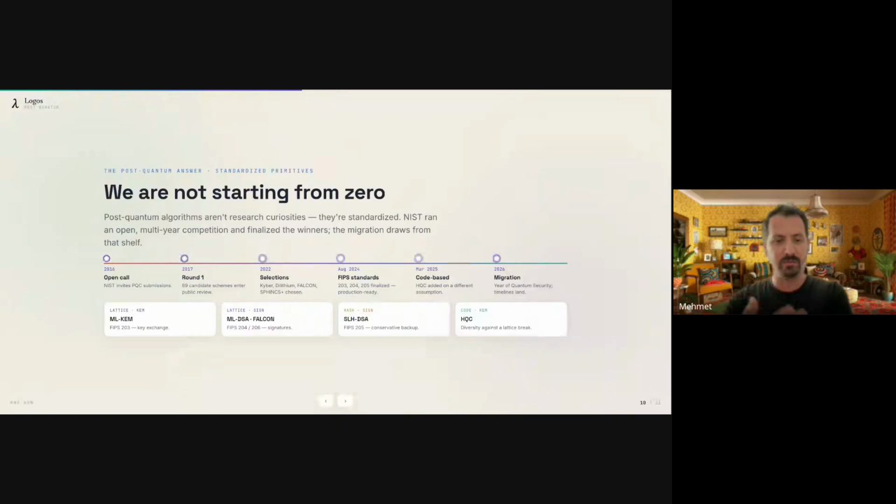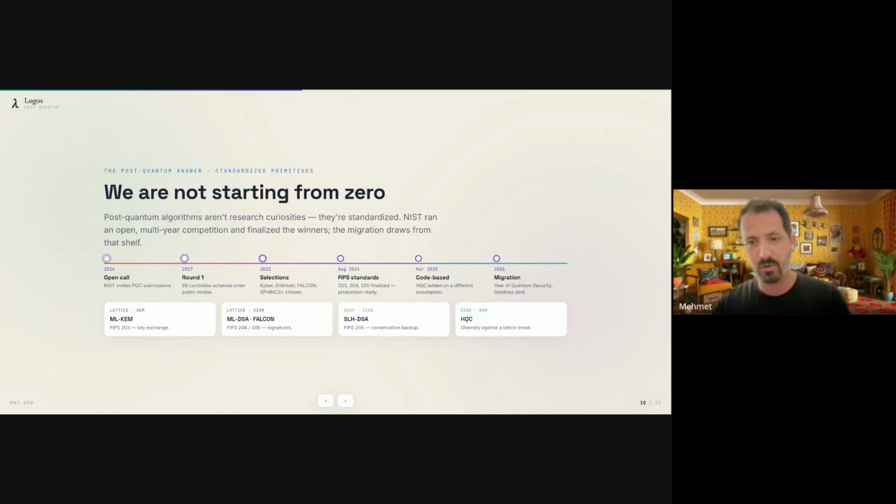We have some standardized algorithms, and these are a new type of algorithms. These still run on a classical computer. You don't need a quantum computer to run these algorithms.